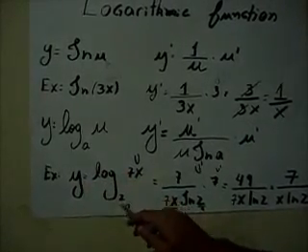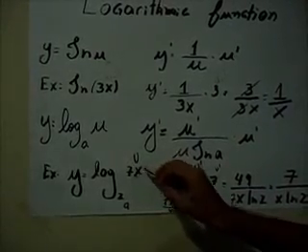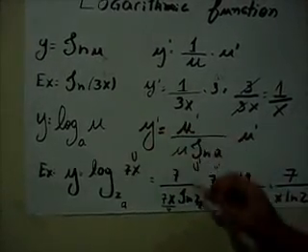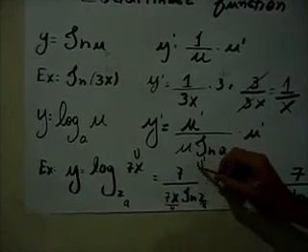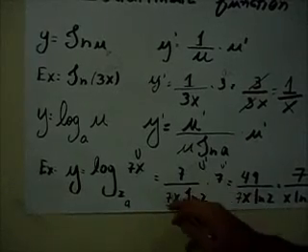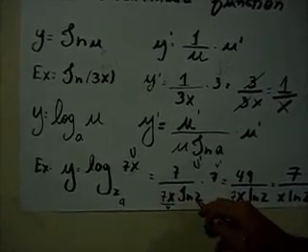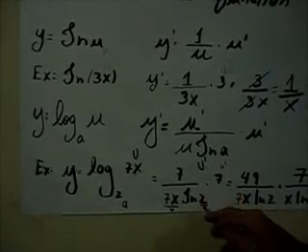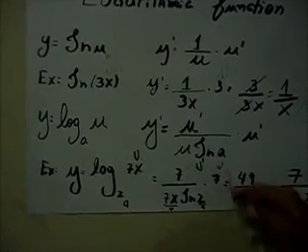Log of 2 is our a, and 7x is our u. Here's the formula: 7, that is our u prime, over 7x, that is our u, times ln 2, that is our a.